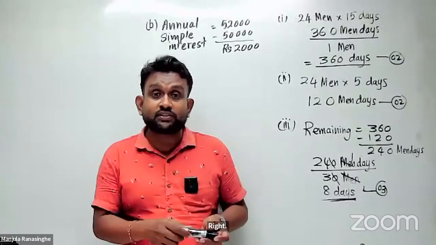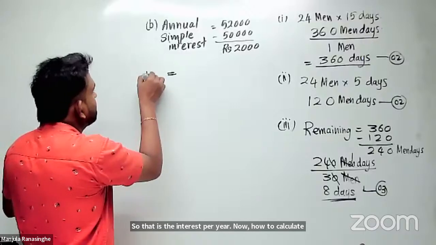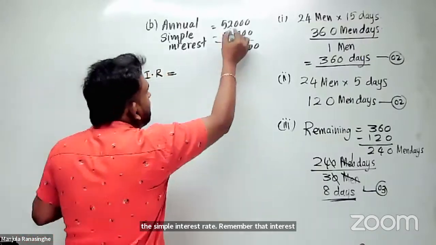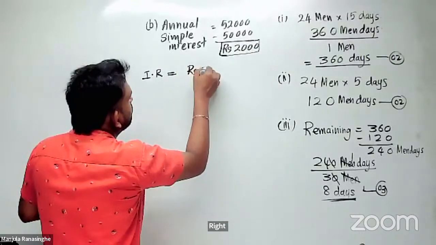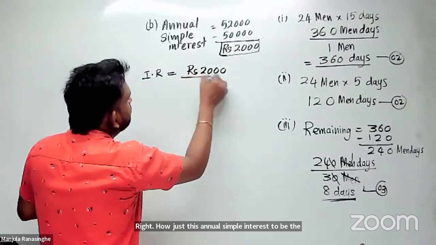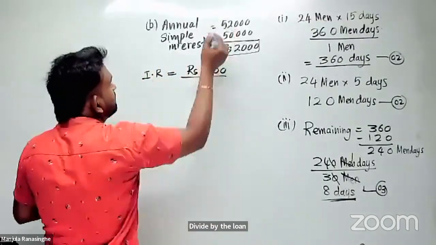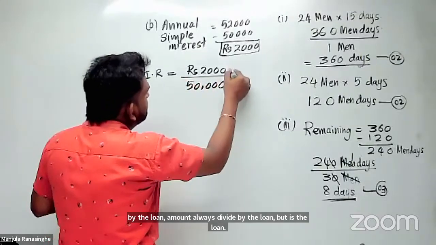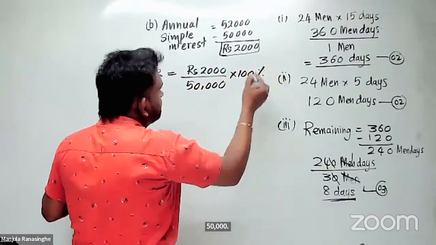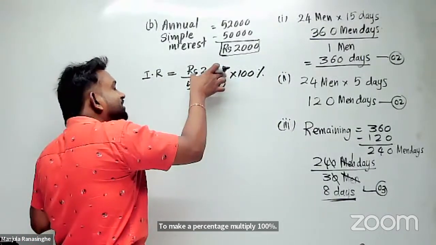Now, how to calculate the simple interest rate? Remember that interest rate, IR, equals the annual simple interest, the top, rupees 2,000, divided by the loan amount. Always divide by the loan. What is the loan? 50,000. To make a percentage, multiply with 100%. Of that, 2,000 is the interest per year.